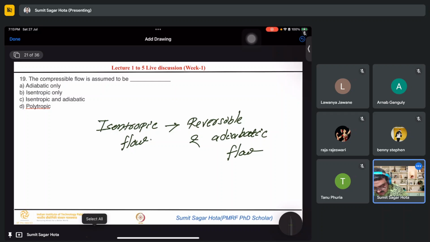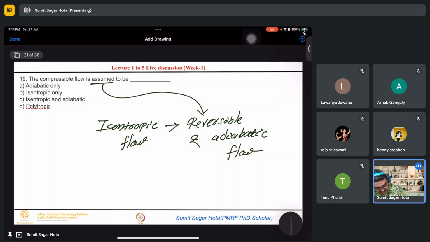If we are considering assumptions, assumptions are always put to the reversible one, not the irreversible one, because in practice the reversible system does not exist, rather irreversible systems exist. So for any kind of assumption we always choose the reversible one. If there is an assumption, we always consider reversible.